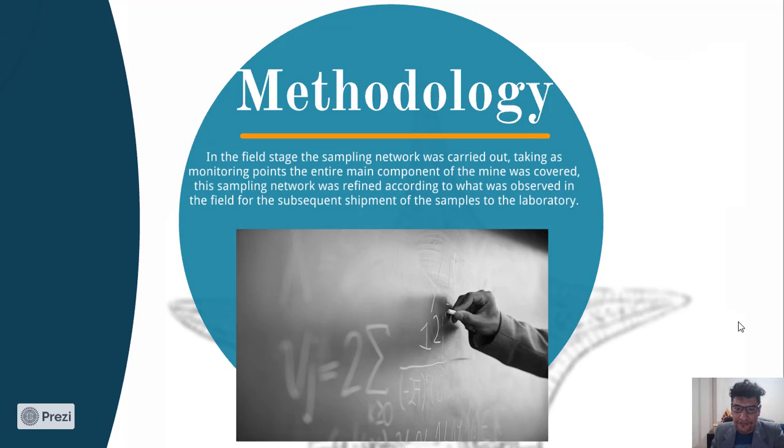This sampling network was redefined according to what was observed in the field, followed by shipment of the samples to the laboratory, where the prediction of acid generation by static tests and the acid-base ratio were studied, along with the acid neutralization potential and pH bulk.